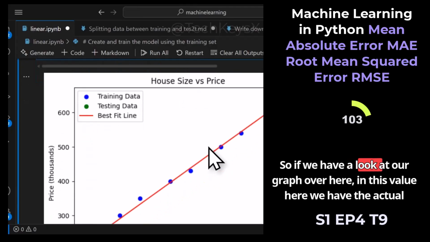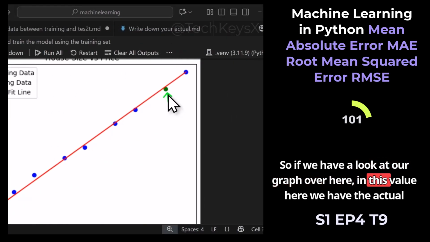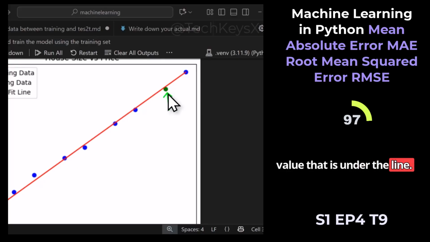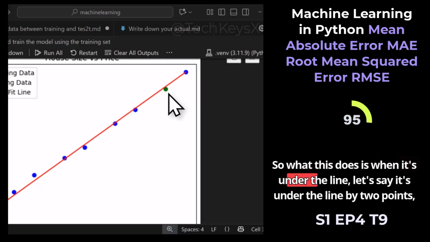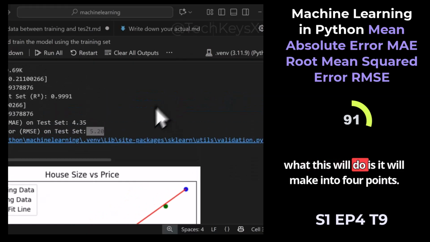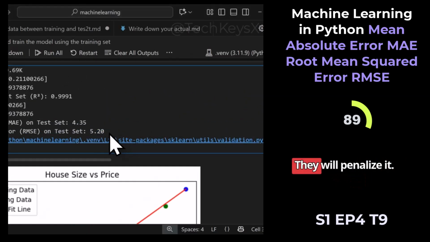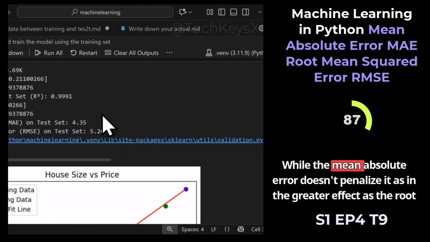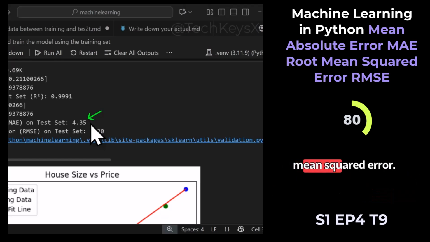If we have a look at our graph over here, in this value here we have the actual value that is under the line. Let's say it's under the line by 2 points; this will make it into 4 points. It will penalize it, while the mean absolute error doesn't penalize as greatly as the root mean squared error.